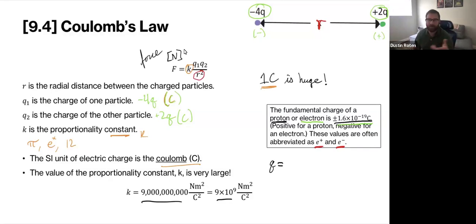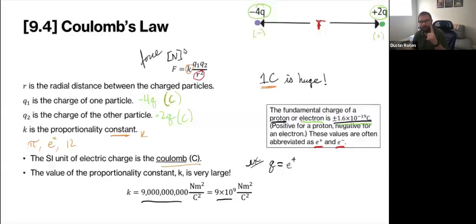So we could say like, oh, Q equals 2 coulombs on something, but in this problem, we could say as an example, Q equals maybe 1 proton.